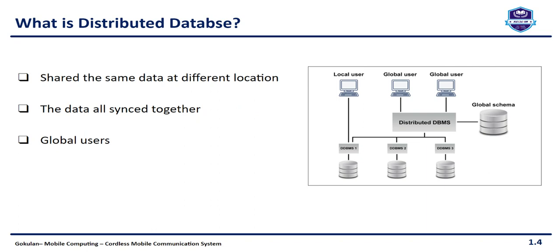This database system is located on various sites that don't share physical components, but they are all mutually synced together. And with this database, the data can be accessed by various global users. So here you see the image for a distributed database.